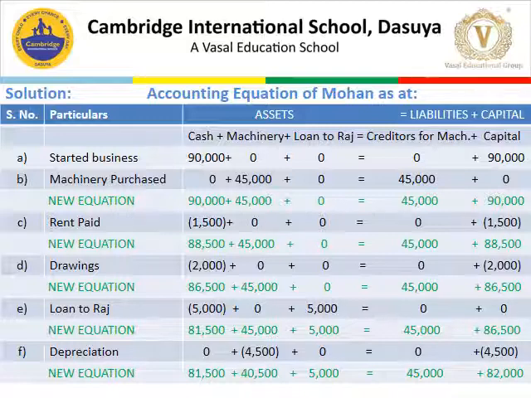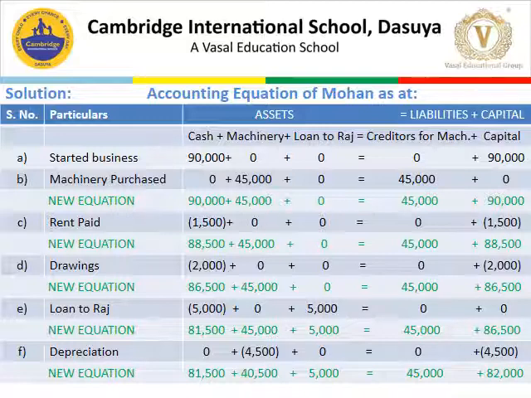The total cash available is 88,500, and we will deduct 2,000 rupees from the cash as drawings, and the same 2,000 will be deducted from capital also. The new equation would be cash 86,500, machinery 45,000, creditors for machinery as it is 45,000, and the capital remains at 86,500.